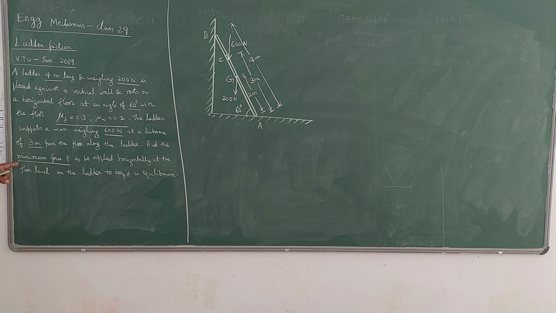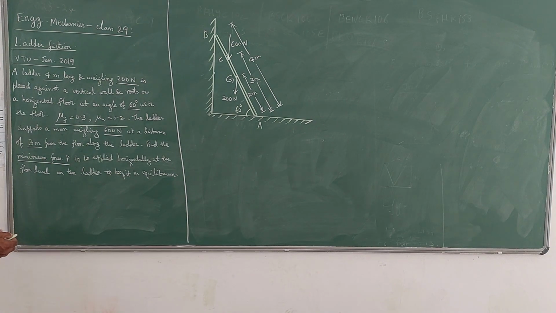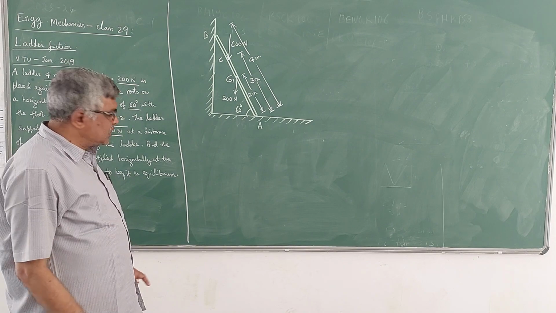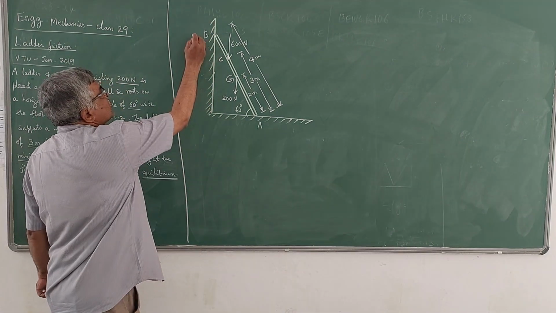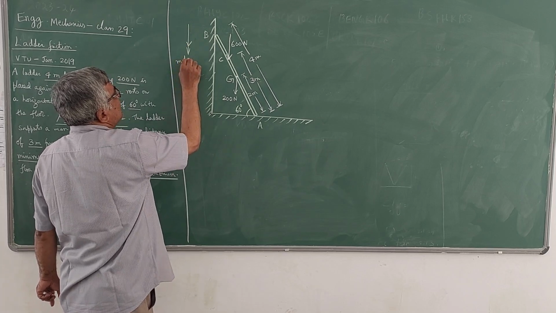Now the question is, what is the minimum force P to be applied horizontally at the floor level? That means at the bottom of the ladder to keep it in equilibrium. The tendency of the ladder is to slip down like this, so the motion of the ladder will be like this along the wall.